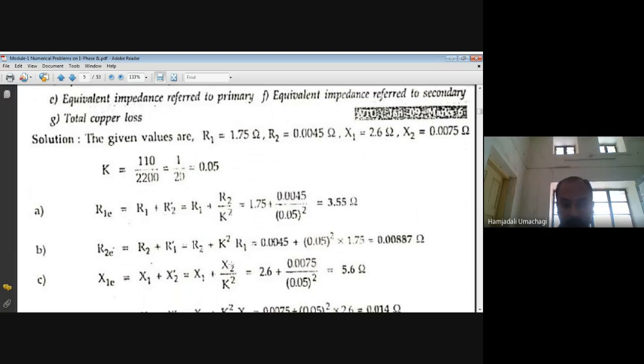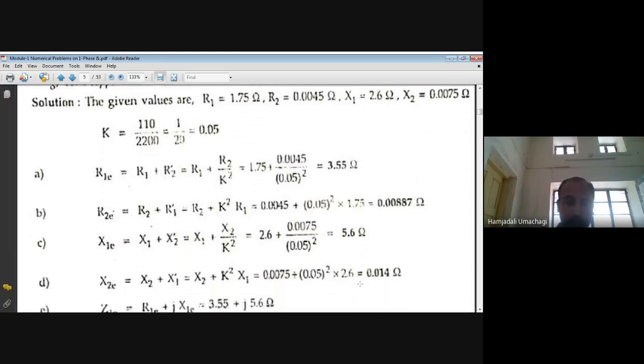X1 is 2.6, X2 is 0.075, and K value is 0.05 whole square. Simplifying, X1E, the equivalent reactance referred to primary side, is equal to 5.6 ohms.